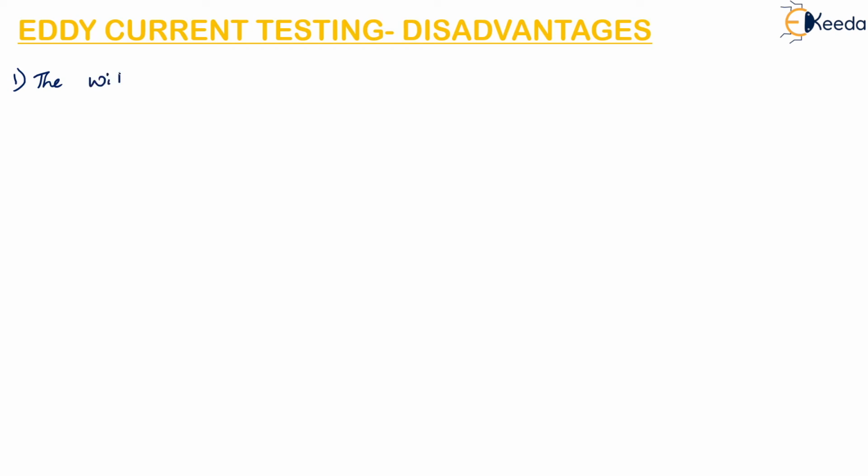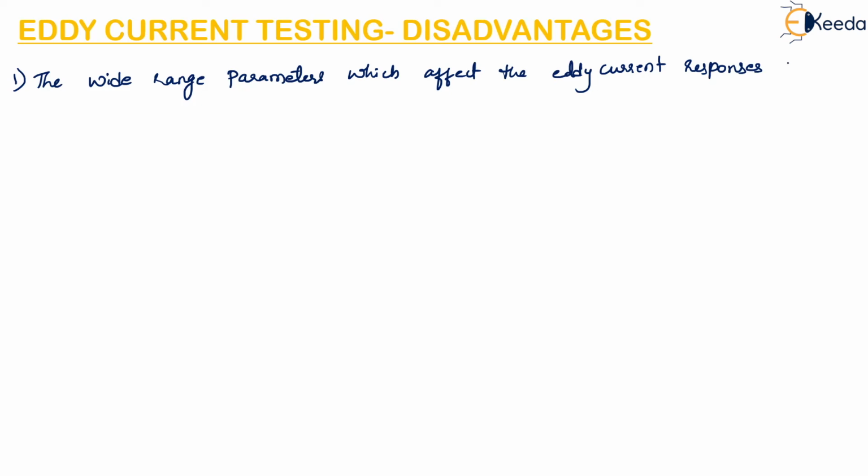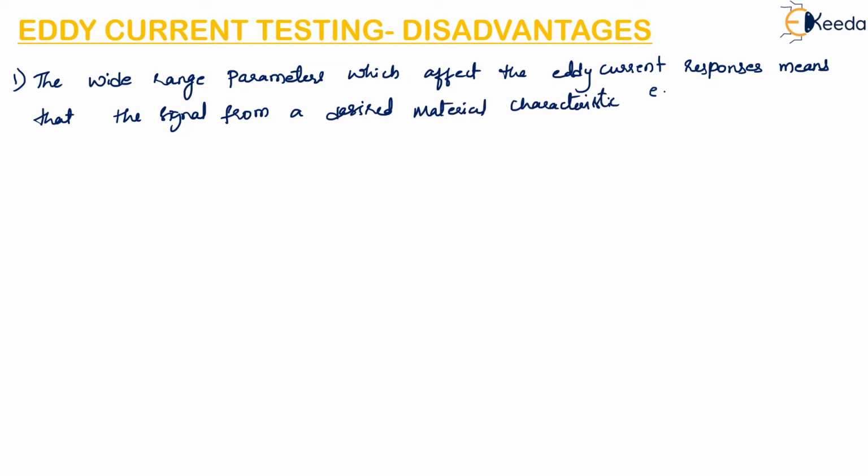So wide range of parameters which affect the eddy current responses means that the signal from a desired material characteristic, for example a crack, can be masked by an unwanted parameter.